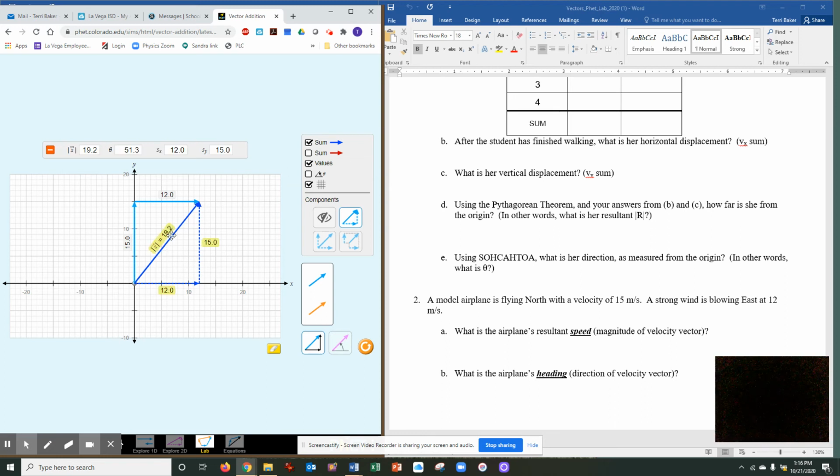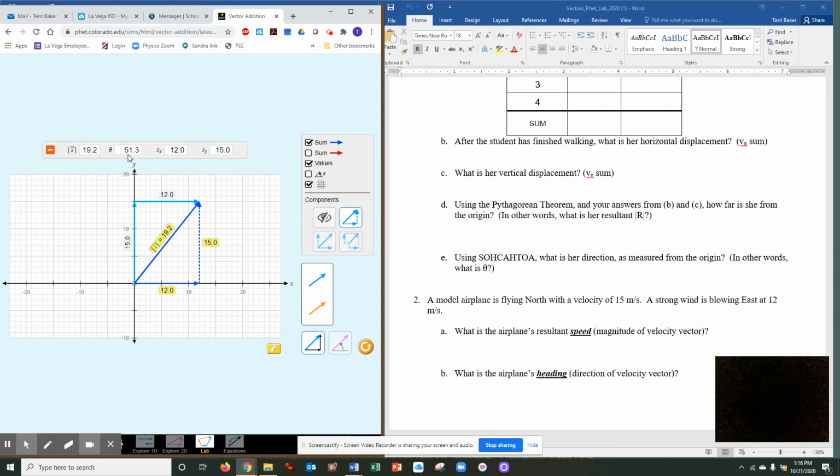You can either use sine, cosine, or tangent, the inverse of any of those three, to figure out what this angle is from horizontal. So it would be whatever degrees from horizontal. In this case, done correctly, you should get 51.3.